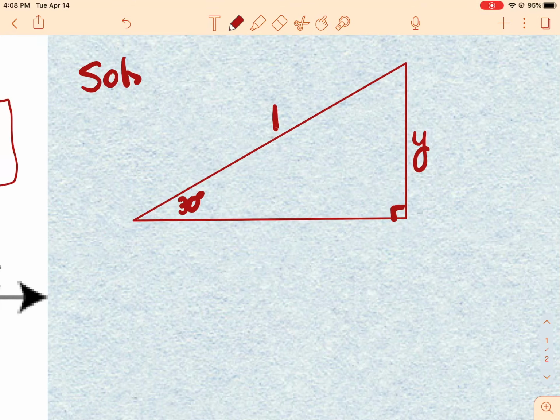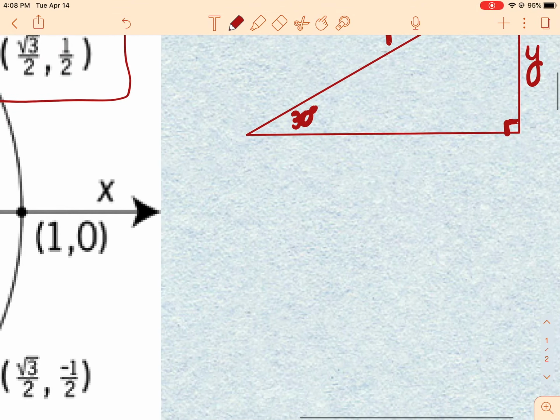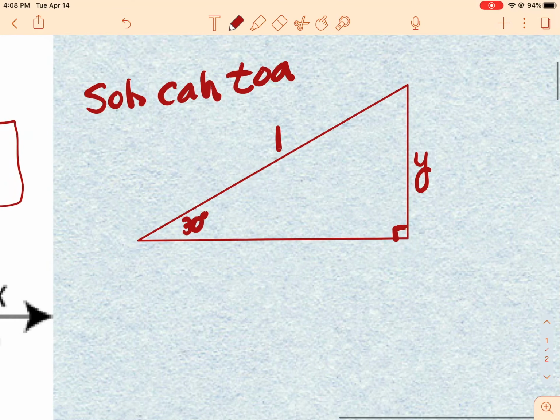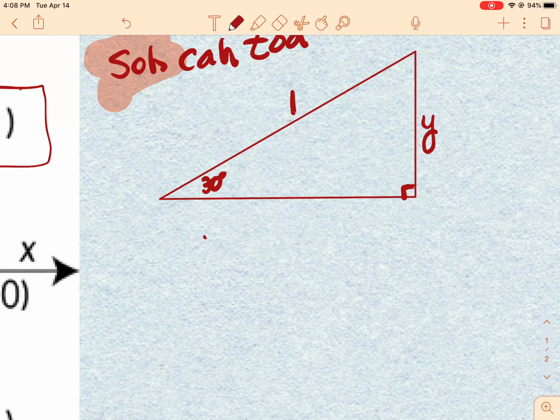So in the whole SOHCAHTOA, the one that uses opposite and hypotenuse is our sine. So sine of 30 degrees is equal to opposite y over 1. So y over 1 is just y. So really I want to look at sine of 30 degrees.